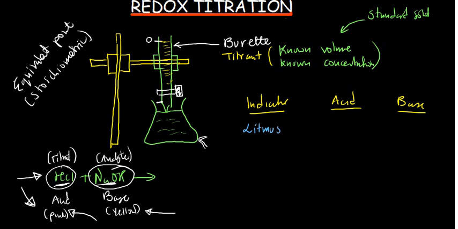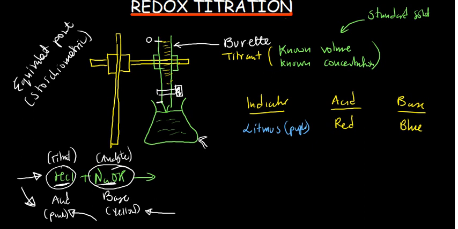The litmus paper itself is purple. When you add it to an acid, it's going to turn red, and in a base it turns blue. So whenever you see that the litmus paper has turned red or blue, you should be able to tell in which medium it is.